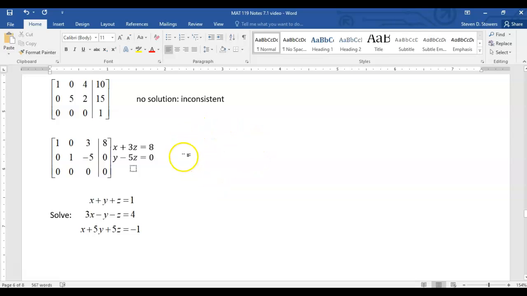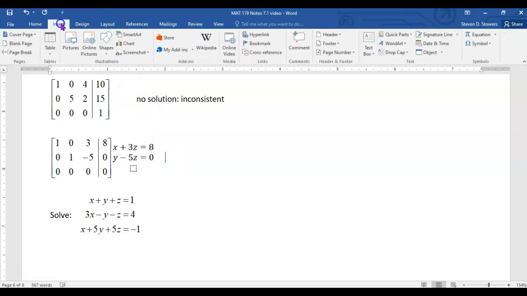But this is an example of where we have a dependent system with infinitely many solutions, but there's a pattern that those infinitely many solutions all have to satisfy. And to see what that is, I'm going to do a little bit of rearranging. So in each equation, I'm going to leave that first variable where it is, but transfer the z term over to the other side.